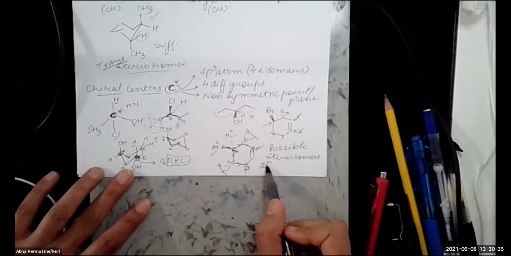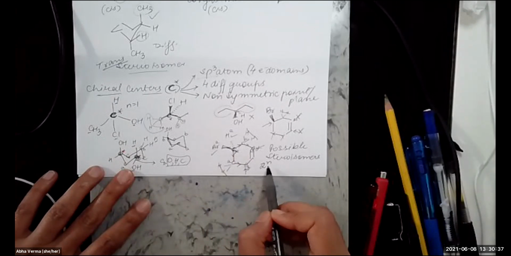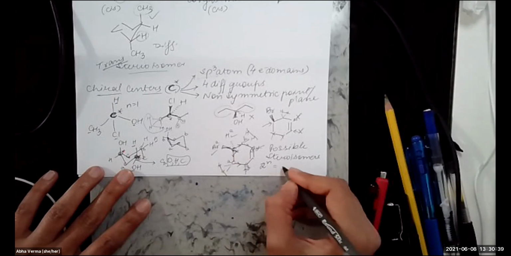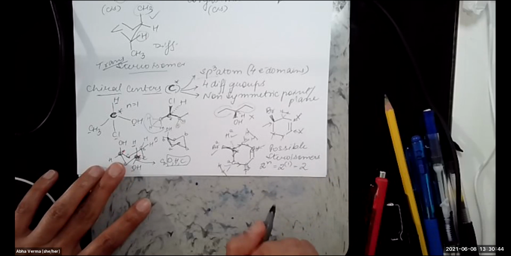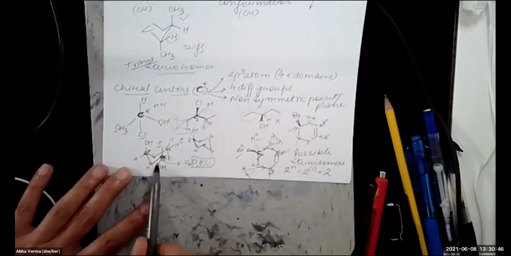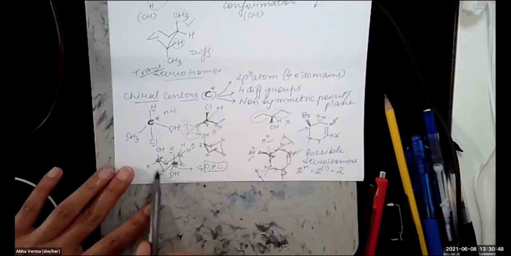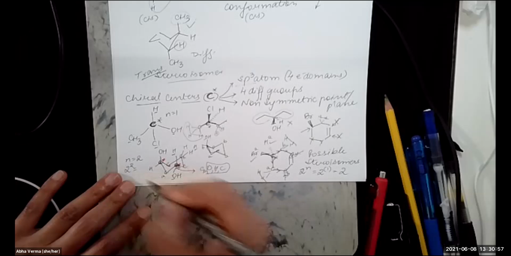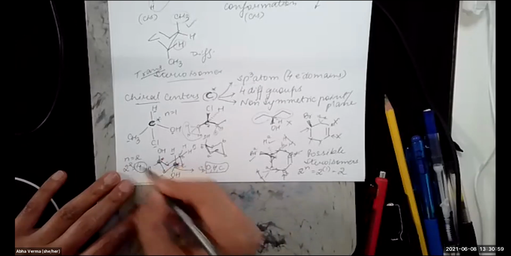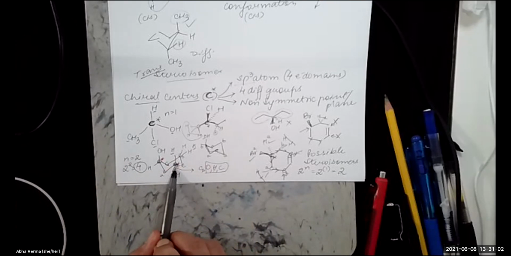And so number of chiral centers is n, 2 raised to power 1 equals 2. In this particular structure, how many stereoisomers will be possible? 4. How many chiral atoms do I have? 2. And so, yes, 2 raised to power 2 will be 4. So for this structure, I can have 4 possible stereoisomers.